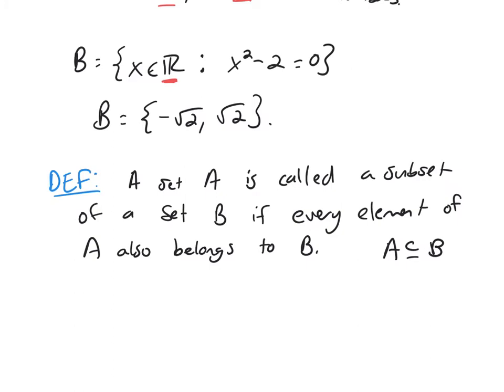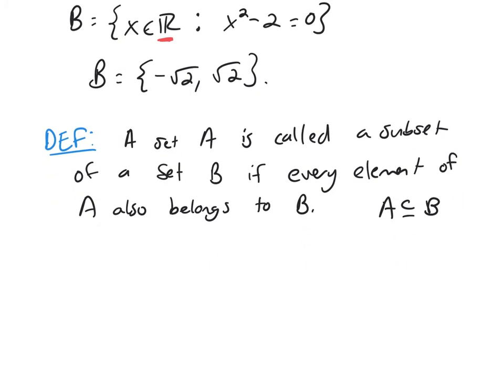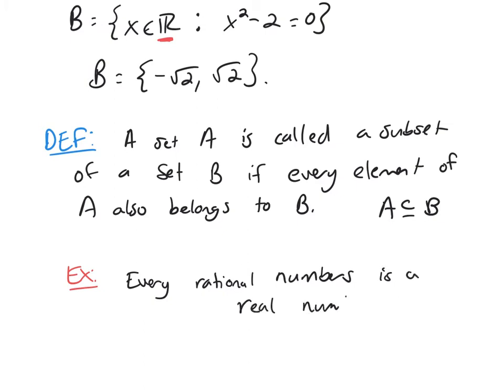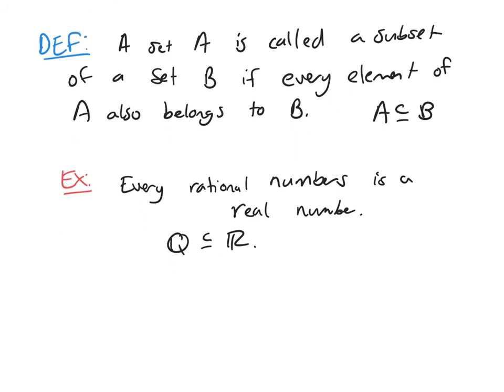You can come up with your own example, but I have one in particular we're going to look at. Every rational number, remember rational numbers are ones you can write as fractions, is a real number. So in particular, Q is a subset of R. Every element of Q is also an element of R.